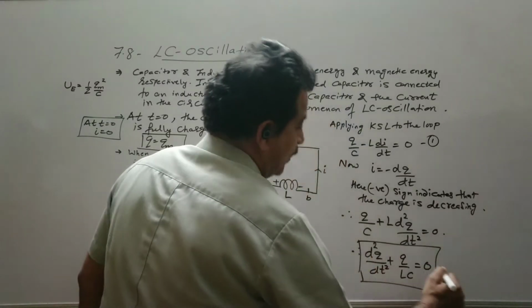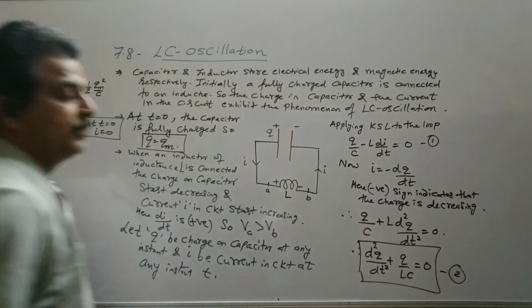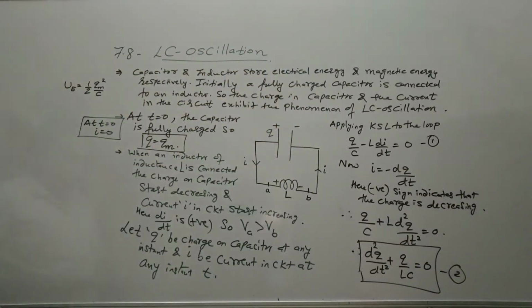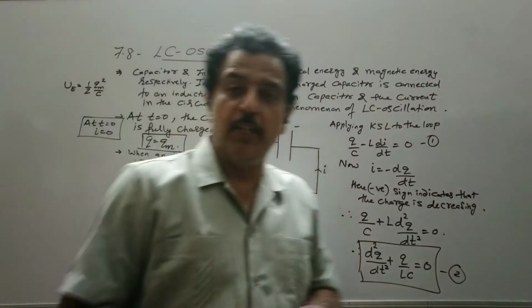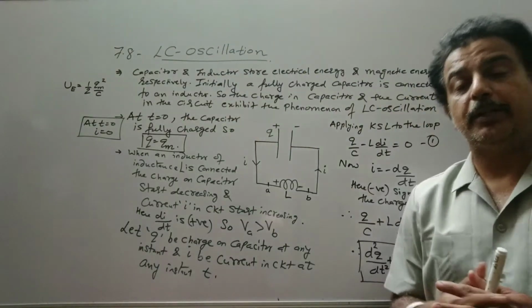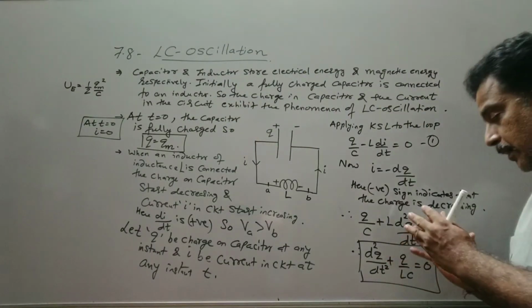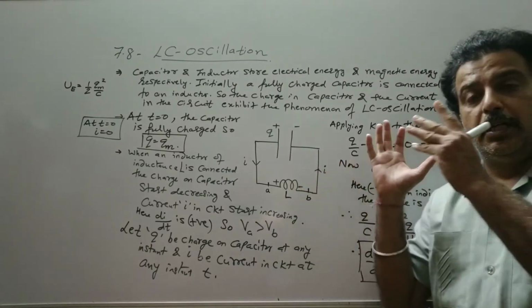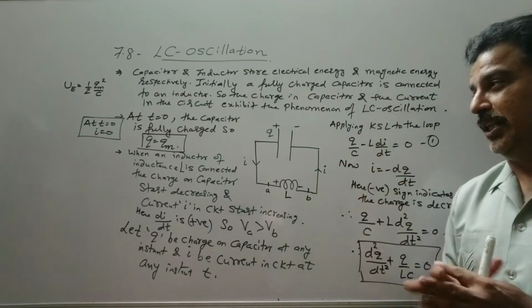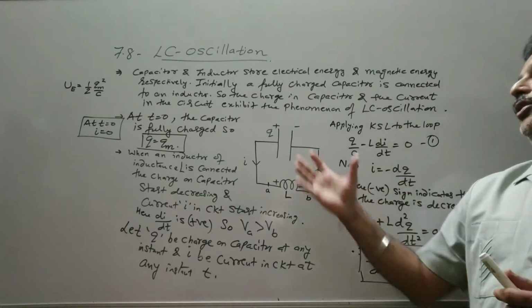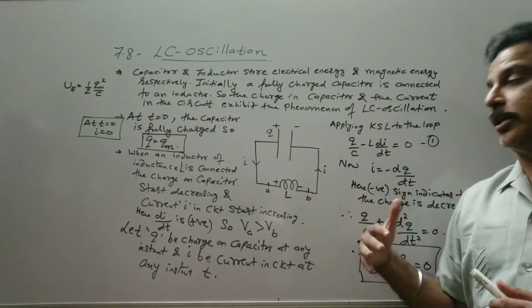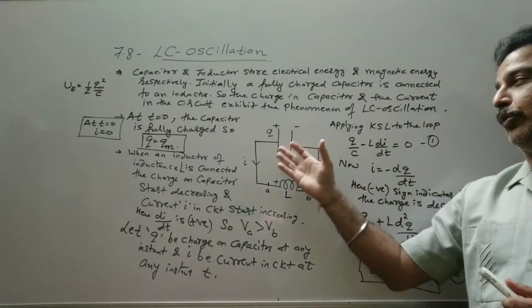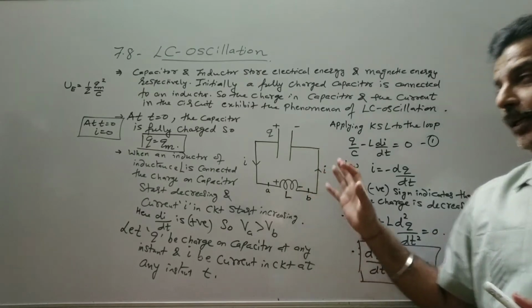Now see, this is the differential equation, and this differential equation is similar to the differential equation of a simple harmonic motion. So this system will perform oscillation. The charge will oscillate, or the charge and the current will oscillate between the capacitor and the inductor.